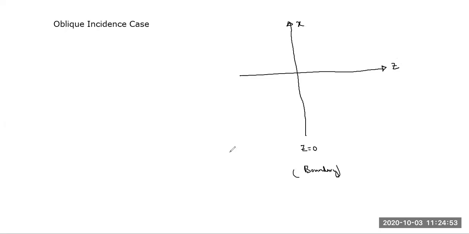This is medium 1, medium 2. In a general manner, we will represent each medium by its properties, let's say epsilon 1, mu 1, mu 2, and epsilon 2. These are the characteristic properties of the medium.